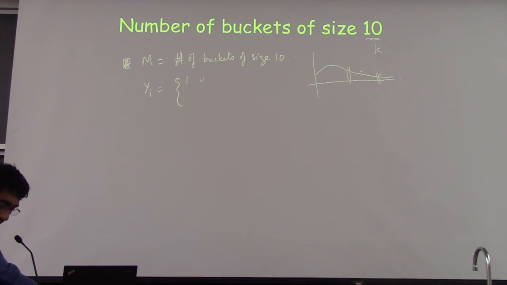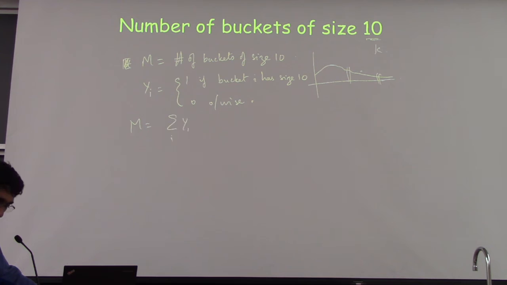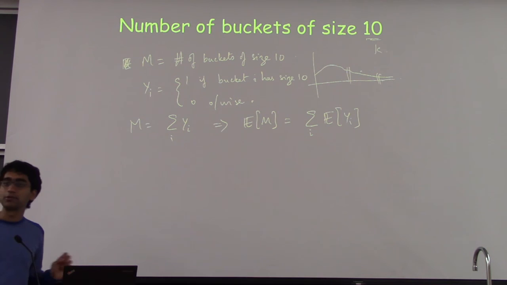This is 1 if bucket i has size 10 and 0 otherwise. And then you know that m is the sum over i of yi. So you know that the expected value of m is the sum over i of the expected value of yi. And this you can try to compute.